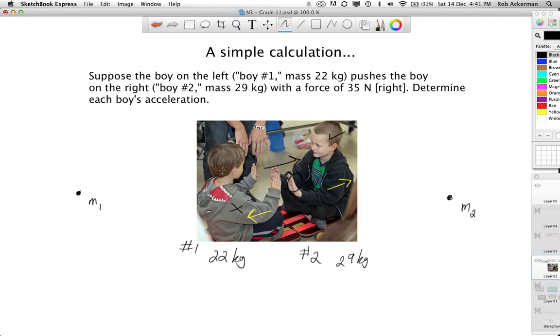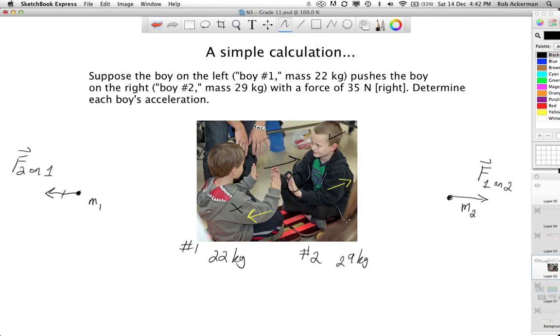Now let's see what's happening. Boy number 1 is pushing on number 2 to the right. So here's a force to the right, and I'm going to call that the force of 1 on 2. Of course, Newton's third law tells us that if number 1 pushes number 2 to the right, then 2 will push number 1 to the left. That's the equal and opposite part. So this is force 2 returning a force on 1.